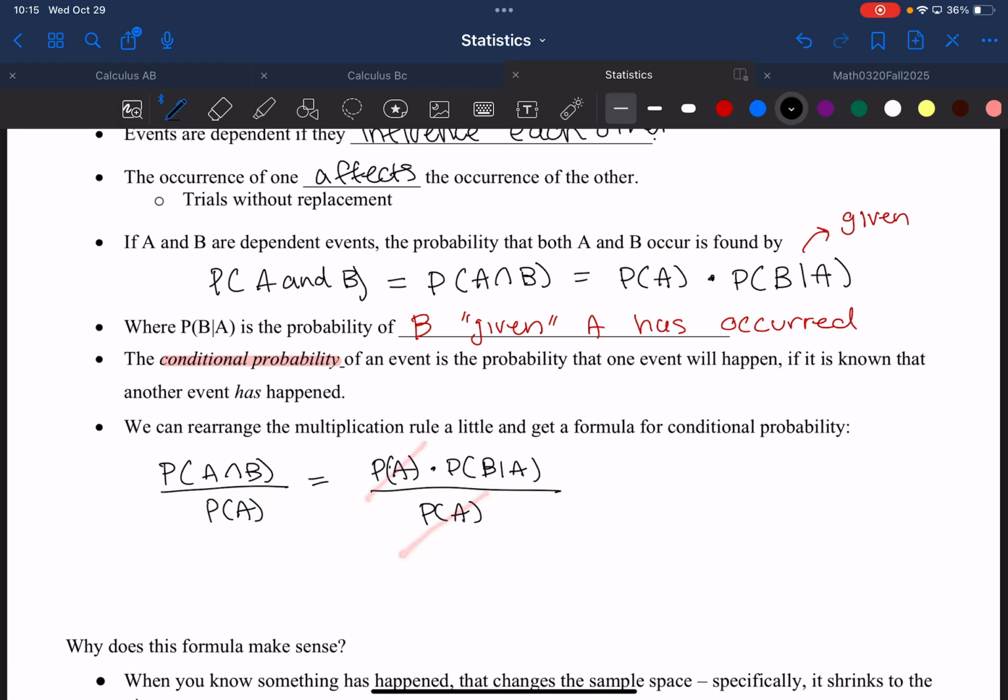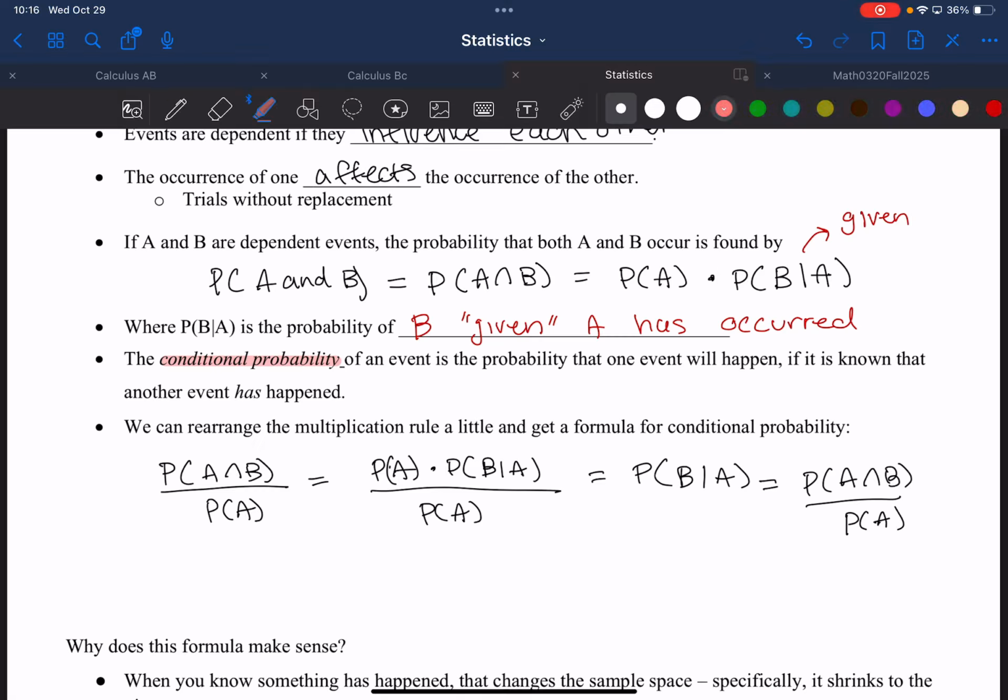They cancel, and we're only left with the probability of B given A. Which means the formula for the conditional probability is the probability of B given A is equal to the probability of A intersection B over the probability of A. This whole thing right here is our conditional probability formula.